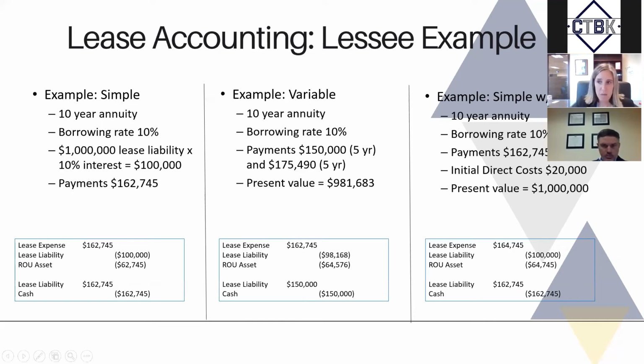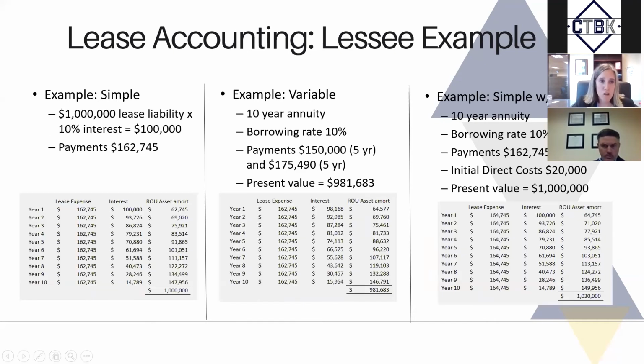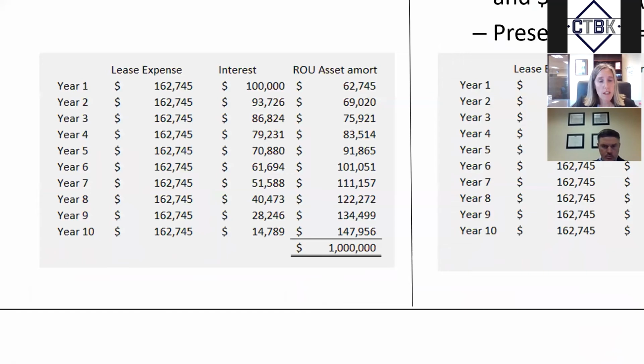Now, to help guide you, I have shown what the amortization schedule for the full 10 years looks like. I'm going to walk you through what it looks like in each example, and you can see that at the end of the period, I've fully amortized my right of use asset.